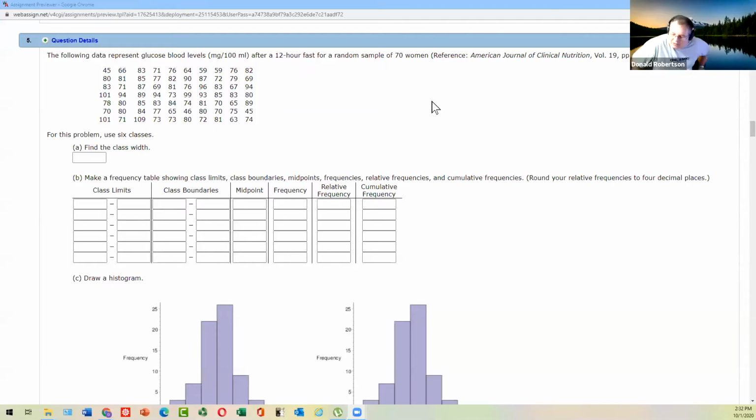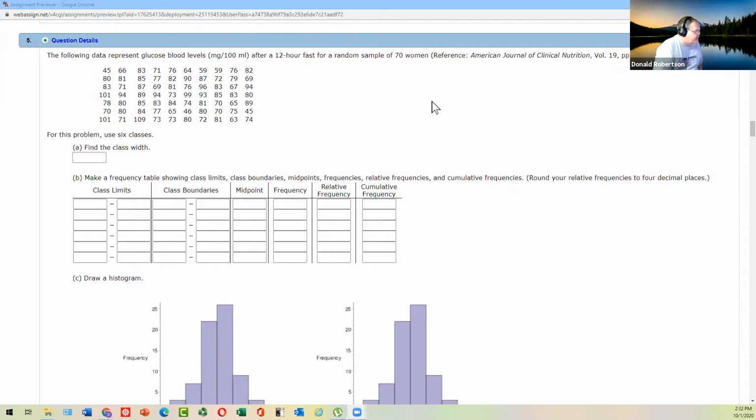Okay, so what you're going to be seeing right now is question 5 from the beginning of chapter 2, right? The first one, frequency charts and diagrams.